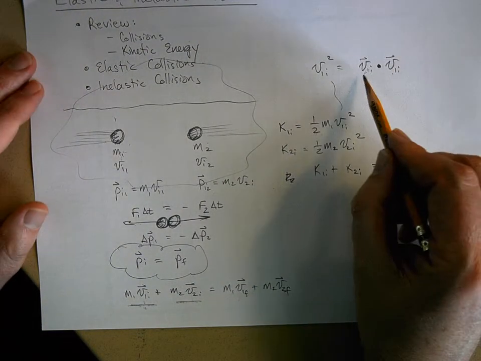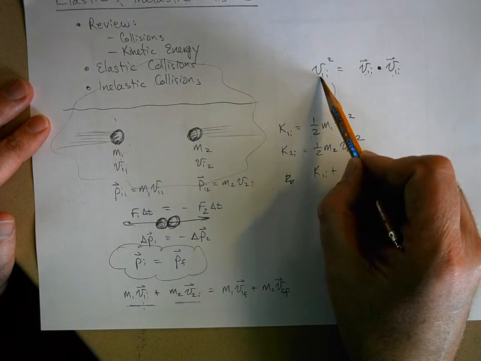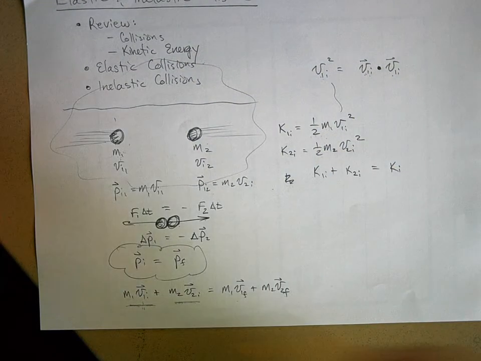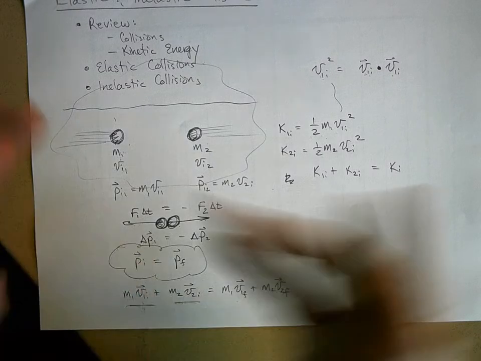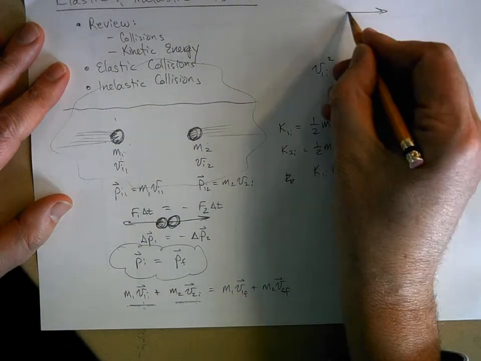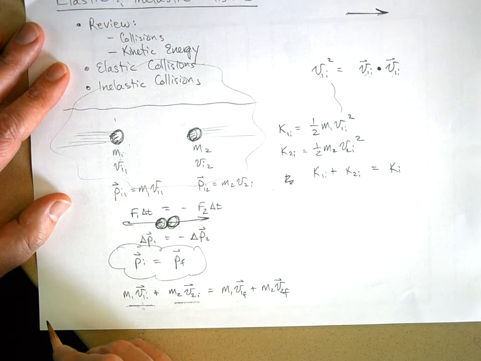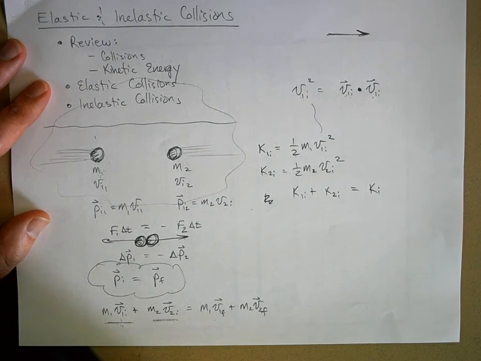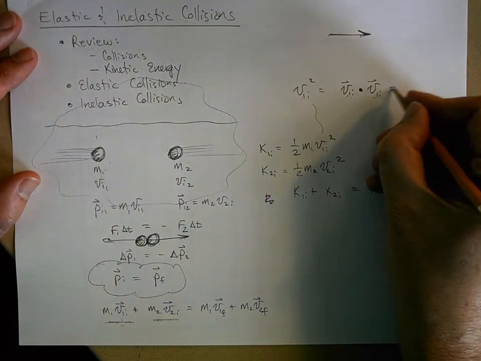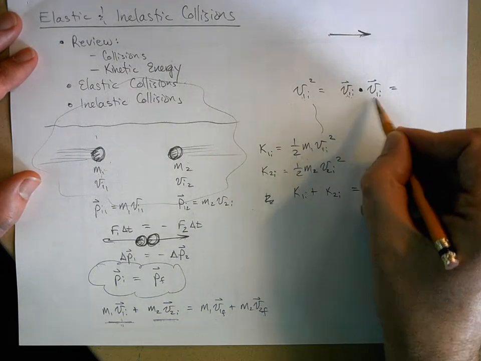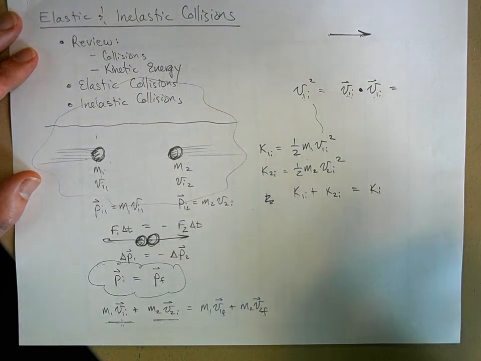And what is the cosine between V1 initial and V1 initial? What's the angle between a vector and itself? What's the angle between this and this? 0, right? 0. And what's the cosine of 0? 1. So this just becomes V1 initial times V1 initial times the cosine of 0 degrees, which is 1.